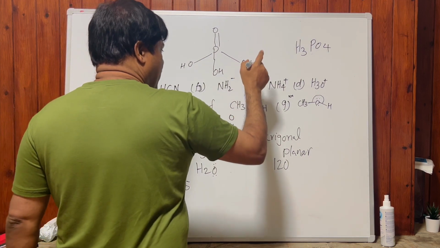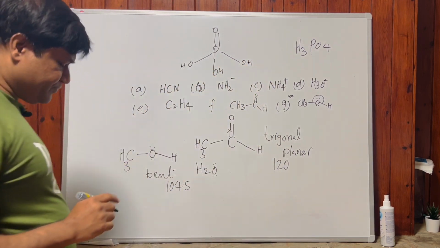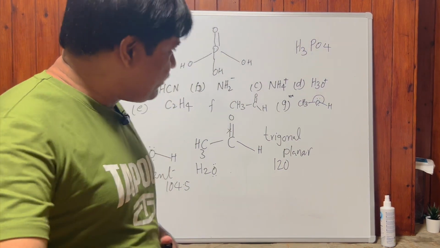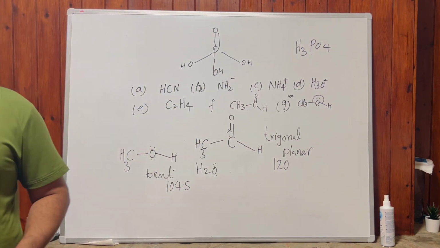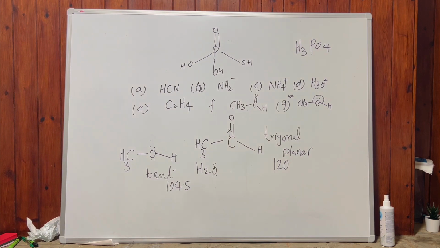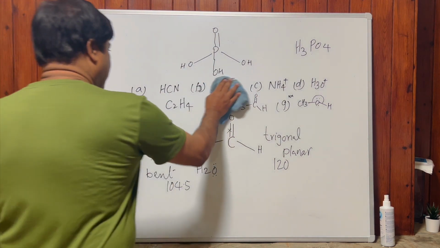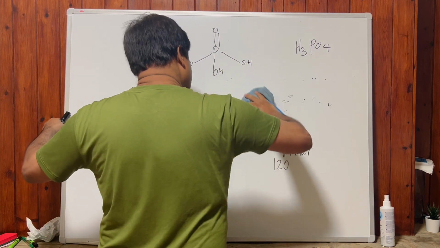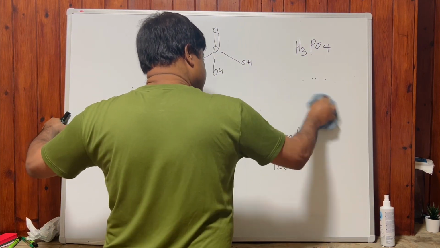Phosphoric acid is an acid, and an acid has the ability to give away protons. So it can give away 3 protons. It's a tribasic acid. When it gives away 1 proton, it has 1 negative charge.